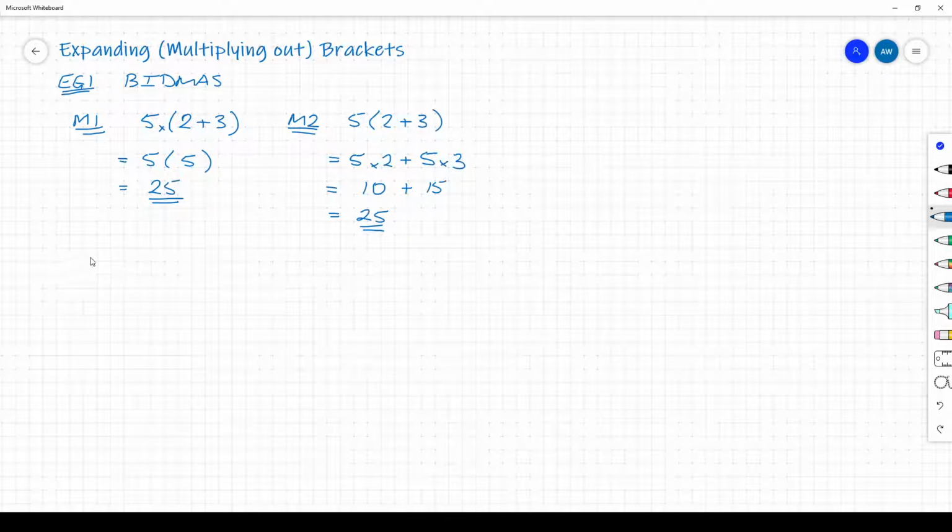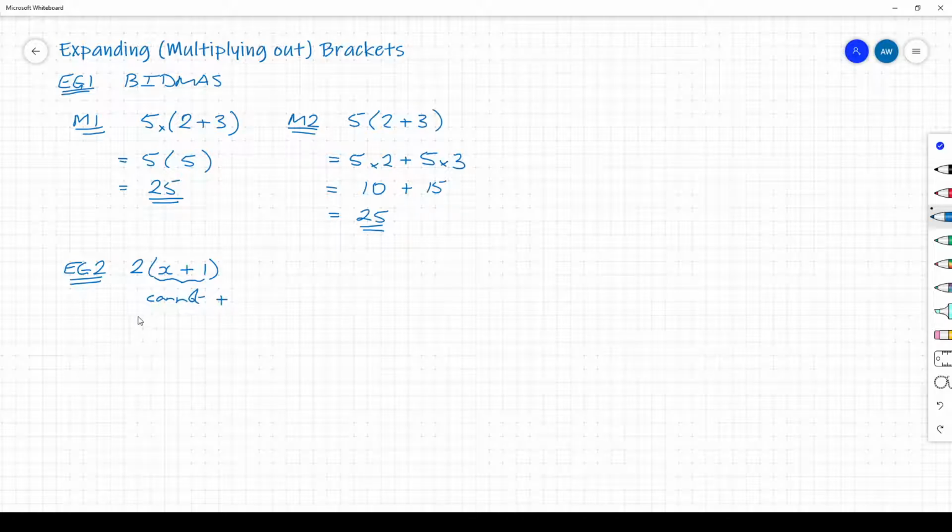But if we look at another example, but this time involving some algebra, some letters, let's look at 2 bracket x plus 1. Now this time we cannot add these up. X plus 1 we cannot add.